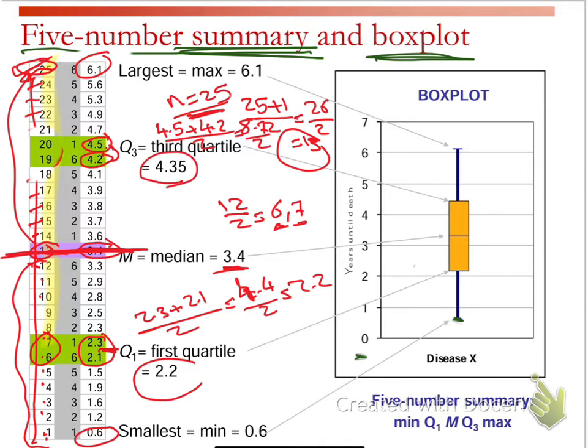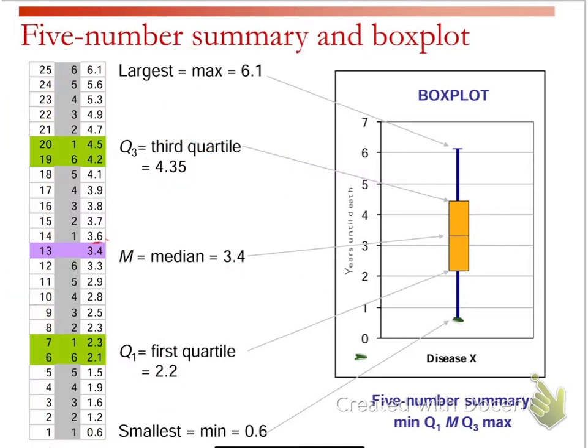Okay, so now we have got the median, we have got the first quartile, which is this one, and the third quartile. So I have to draw the box plot between the first and third.